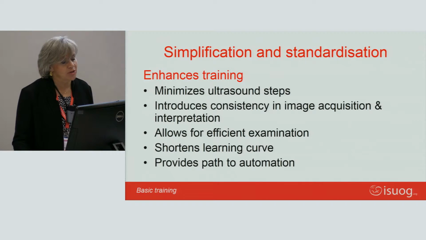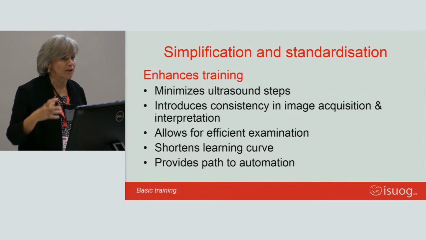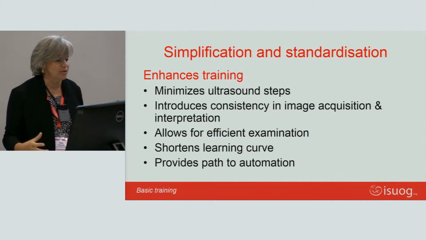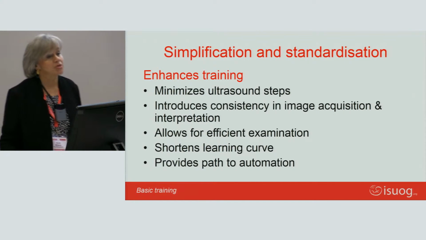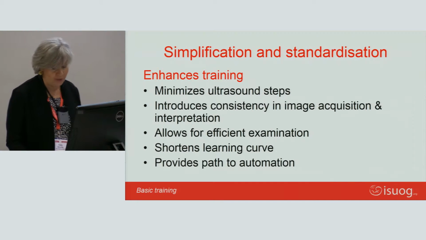It introduces consistency in image acquisition and interpretation. It allows for an efficient examination, because within a number of movements you will already get all the important information that you need, and especially it will shorten your learning curve and provide you with some paths to automation.